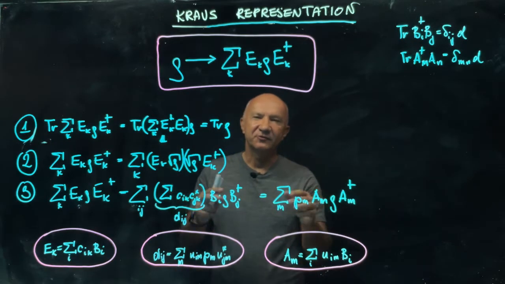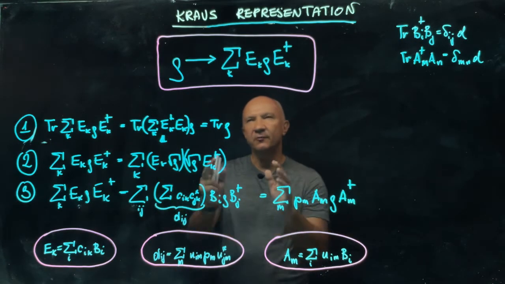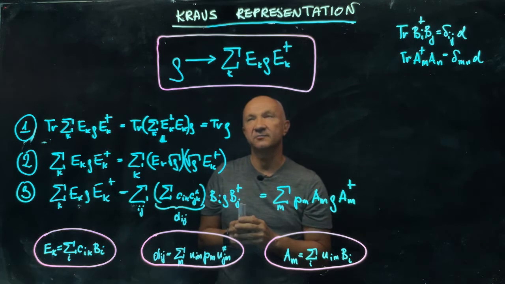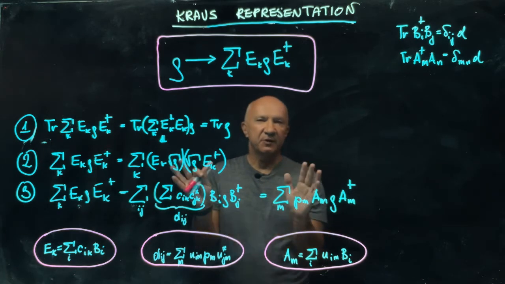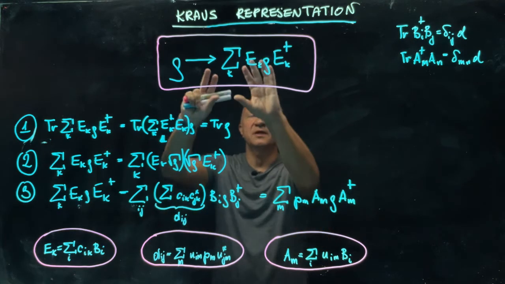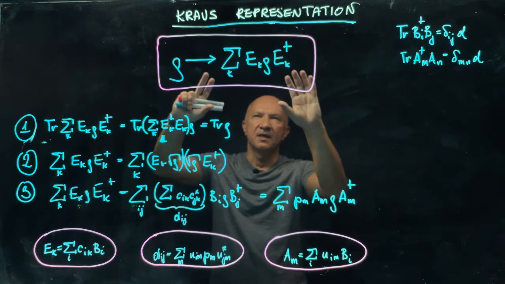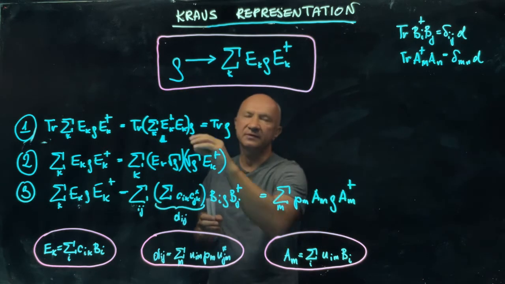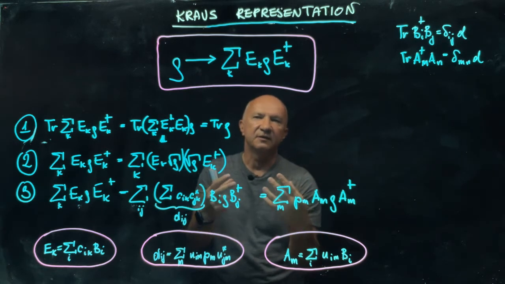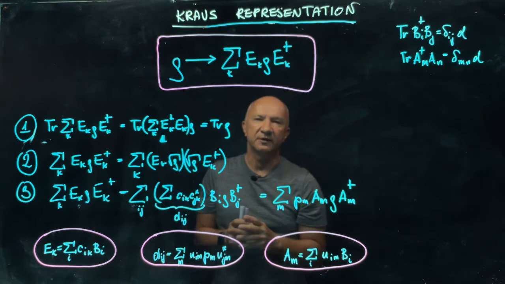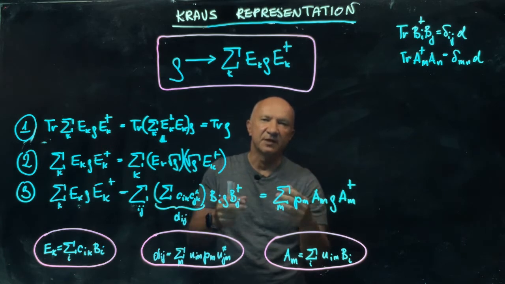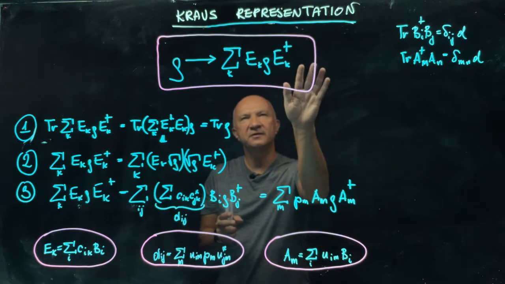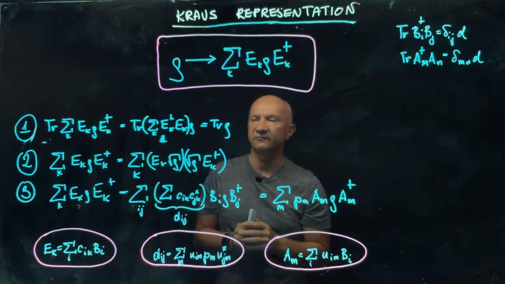Now that we managed to trace over the environment, we can look at this expression from a purely mathematical point of view. So think about this expression as a map that takes operators acting on d-dimensional Hilbert space into operators acting on d-dimensional Hilbert space. We will consider the situation where the dimensions are different later on.